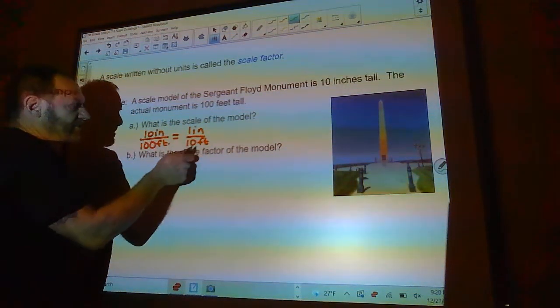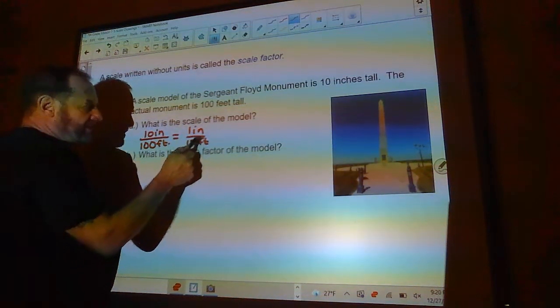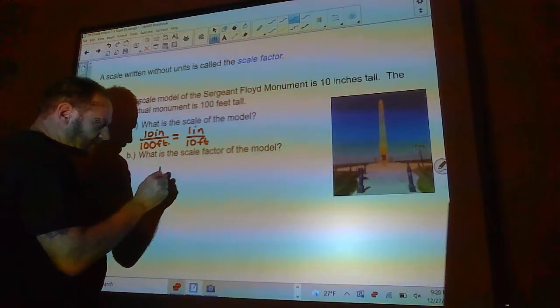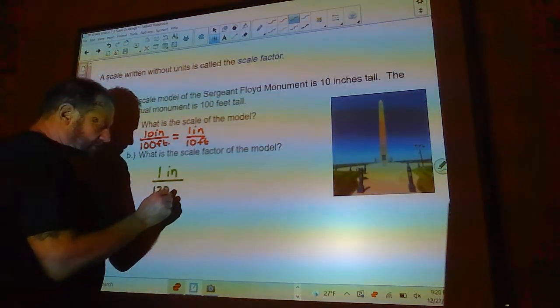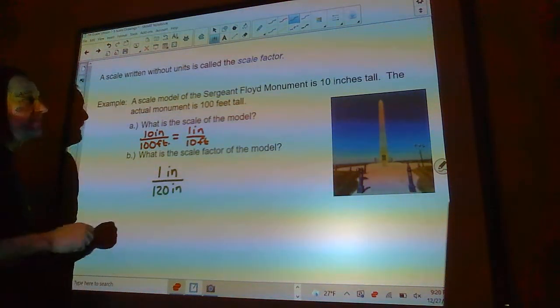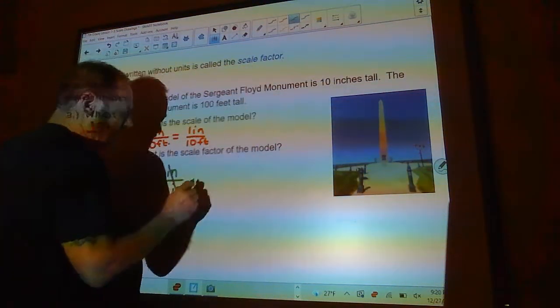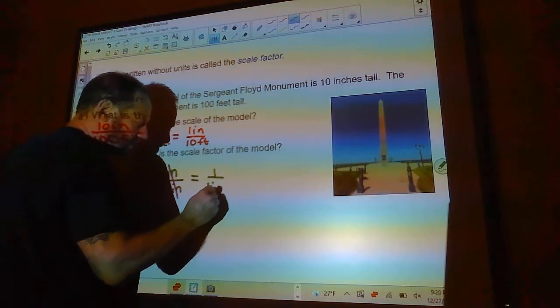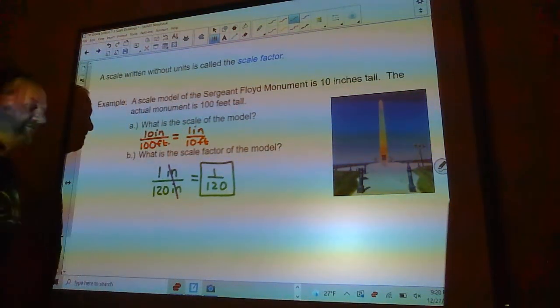I can convert inches to feet or feet to inches, but it'll be easier to change the feet to inches because 10 feet is 120 inches. Now in this problem, the inches cancel out, and I'm left with just a number, 1 over 120. That is my scale factor right there.